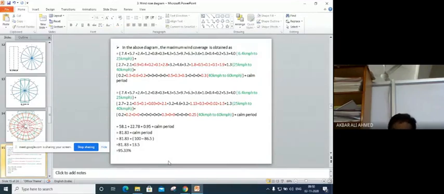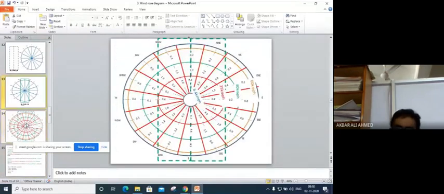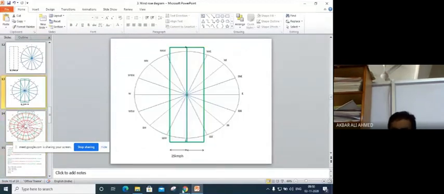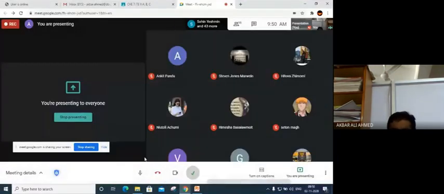It is possible that you will get more than 95% for more than one direction, so getting it in one direction does not by itself make the answer right. For more than two directions, the value may come more than 95%. So this was your type 2 Windrose diagram. If you have any doubt, you can ask. I am going to stop the presentation and stop the recording.